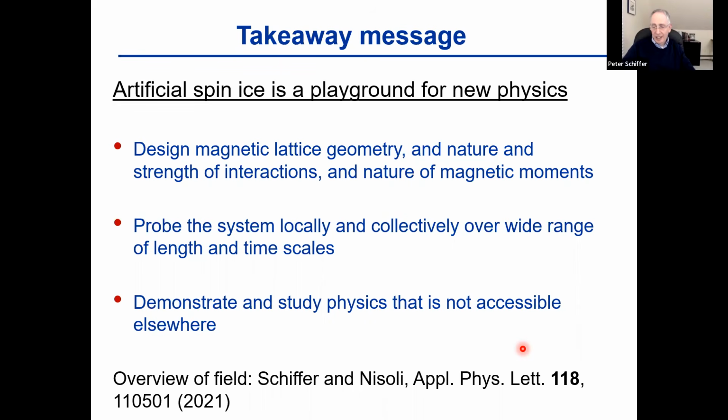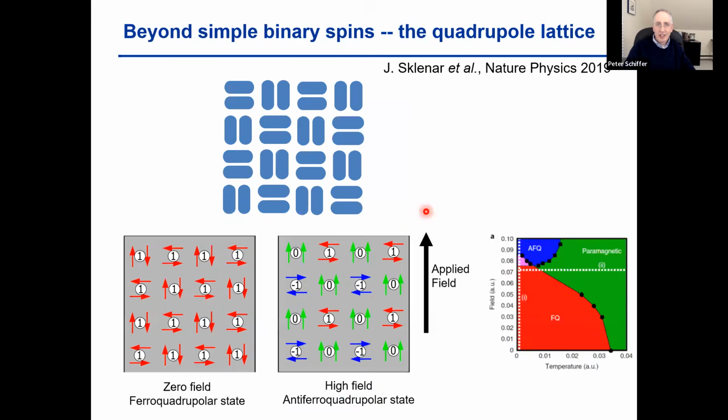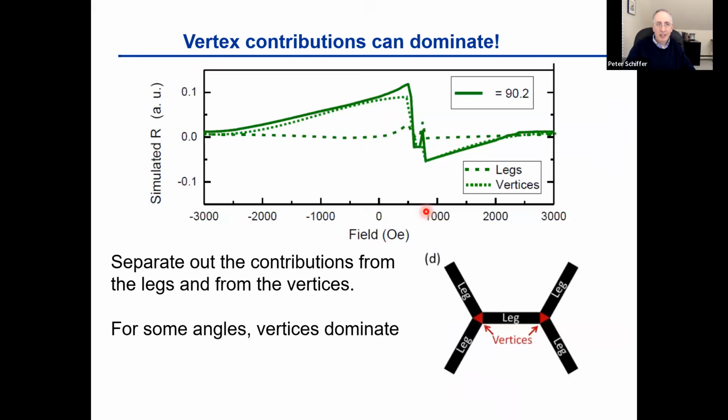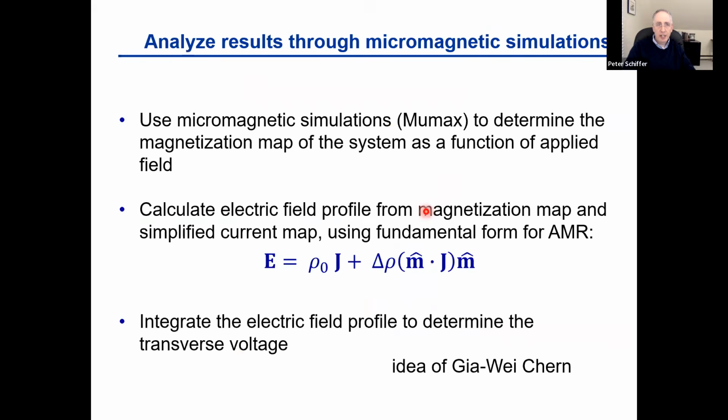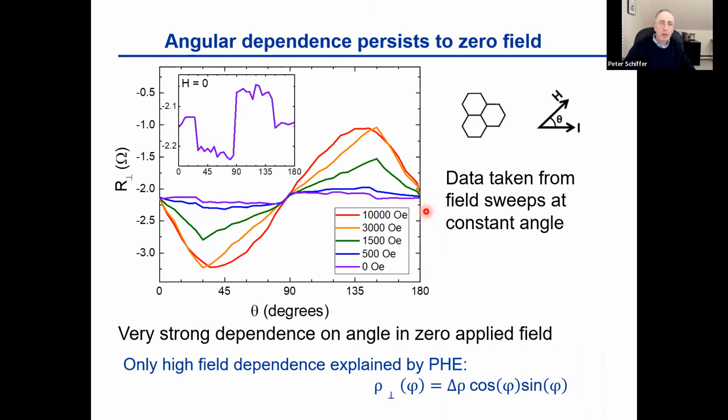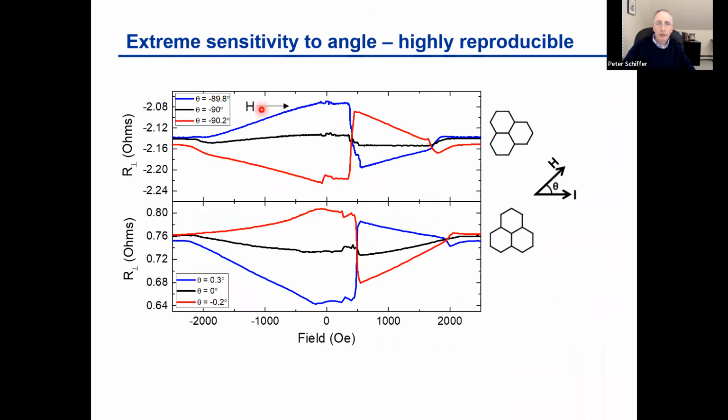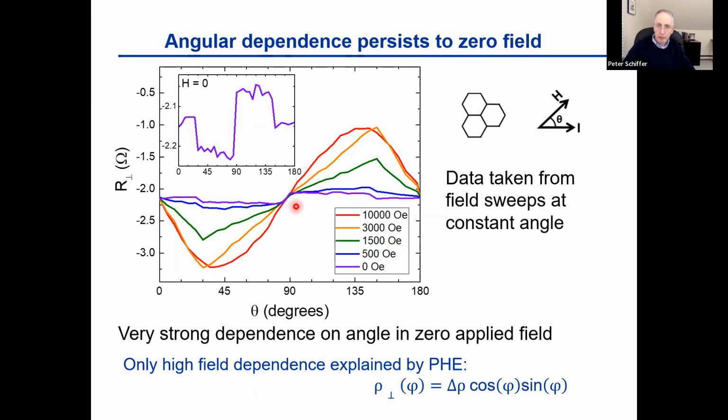Yeah, sorry. I tried to explain that and apologize if I was going a little bit fast through it. So what we did is for each sweep, we took the value of the transverse resistance at a given field, and then plotted at a given field what it was.